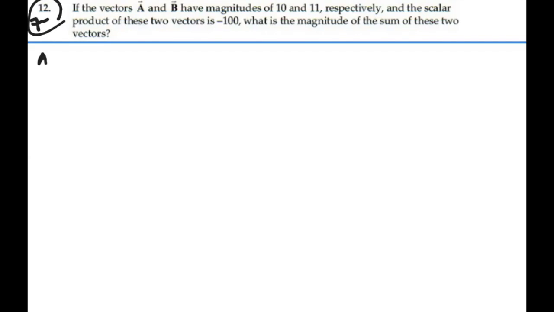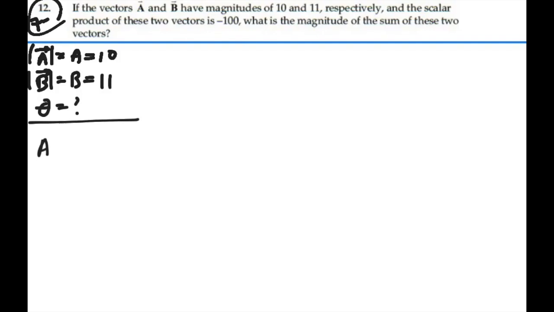So we have the magnitude of a is 10, and the magnitude of b is 11. And we know that the angle between them is what we need to find, because the scalar product is a negative 100. So we know that a dot b, which is equal to a times b times the cosine of the angle between them, is a negative 100.